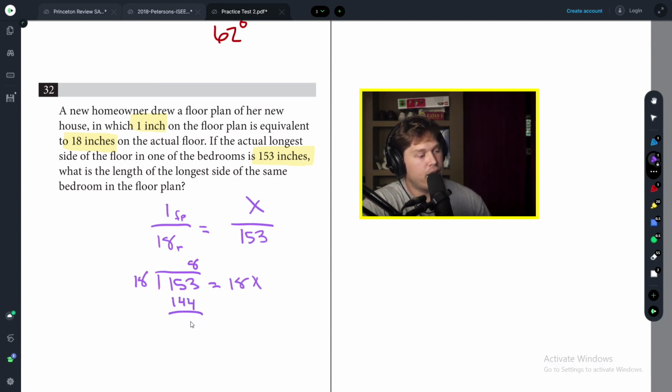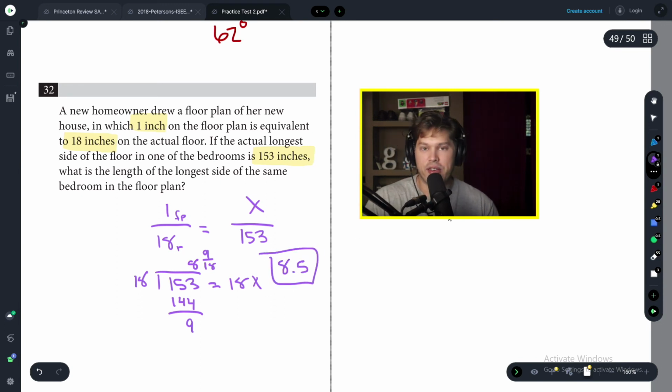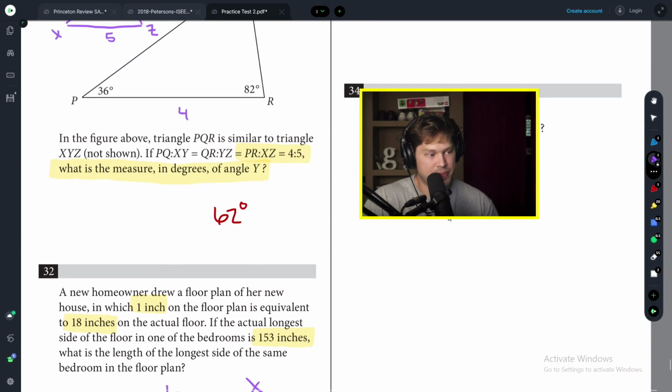And we have a remainder of 9. So that's 8 and 9/18, which is, of course, 8.5. So 8.5 is your answer for this number 32.